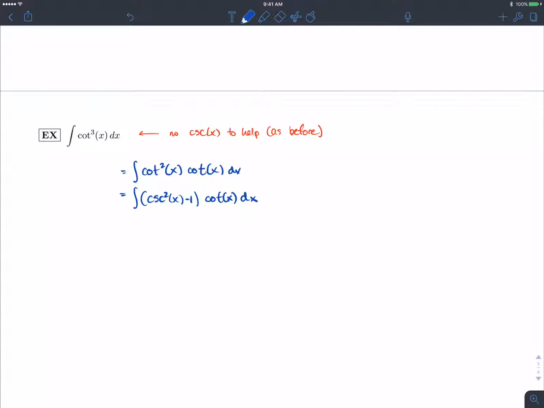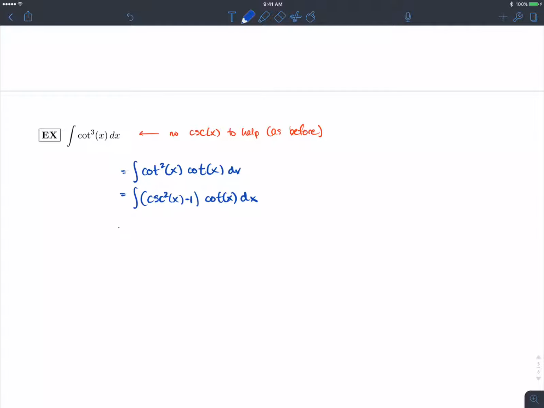All right, so we still have kind of a tricky situation here. I mean, we might be thinking, well, could I possibly use integration by parts, or should I take a different path? In determining that, you could do something like, what if we distributed that cotangent through?